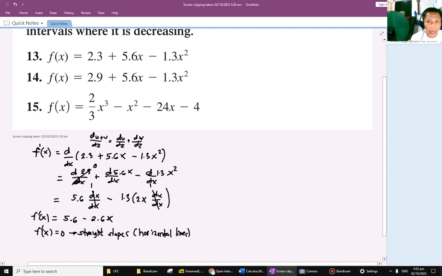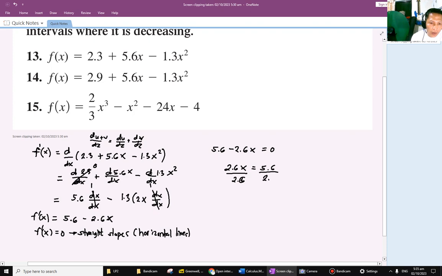That's why it's horizontal lines. So you equate f prime of x to 0, you're saying that 5.6 minus 2.6x is equal to 0. From that, we transfer the x. So 2.6x is equal now to 5.6, and then you divide this by 2.6. With this simple algebra, when you transfer it to the other side, it will be positive.